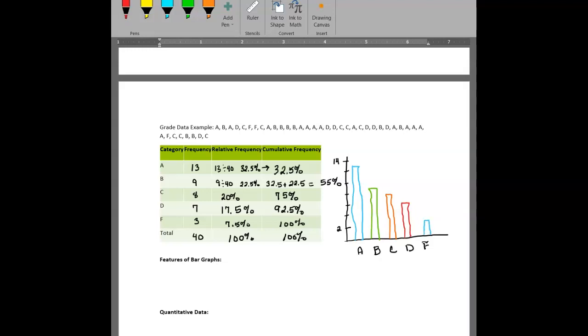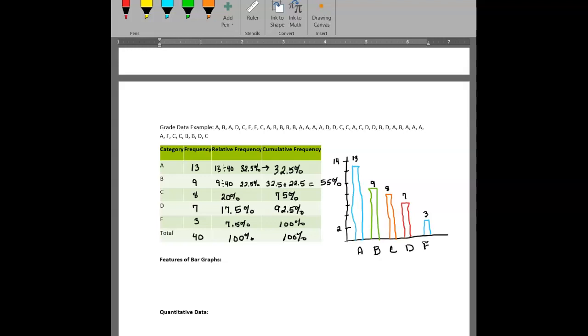And because I'm not using grid paper, it's probably a good idea to go ahead and write these numbers in so that it's clear to the reader what each one of these numbers are, because they don't necessarily see the frequency table, but they definitely will be able to read the bar graph.